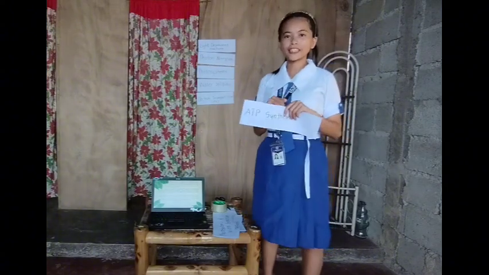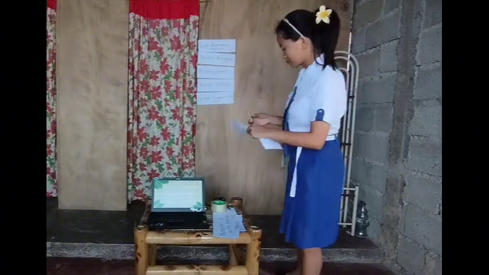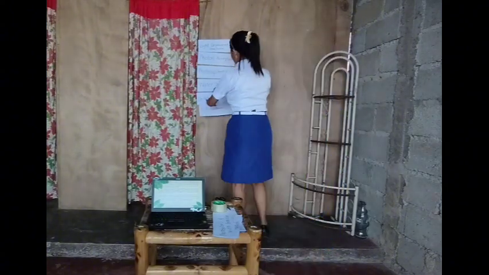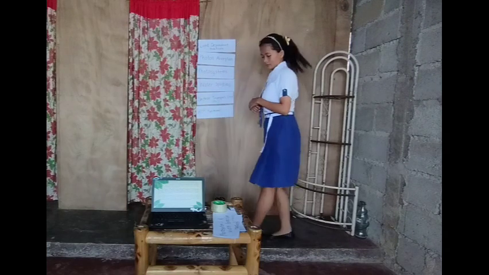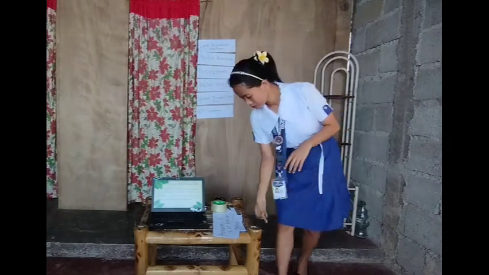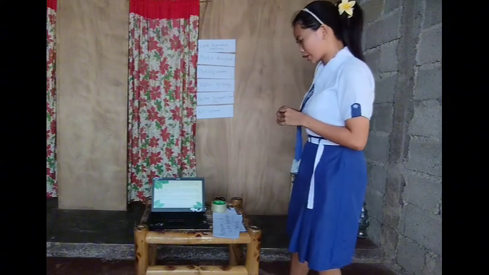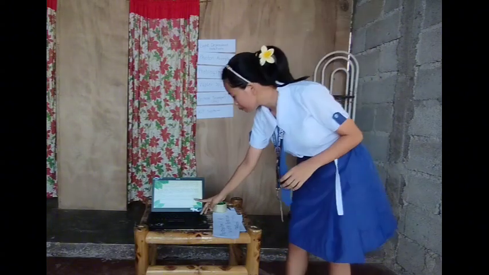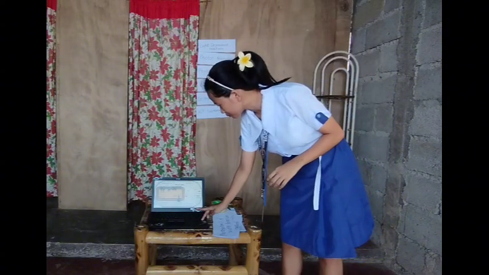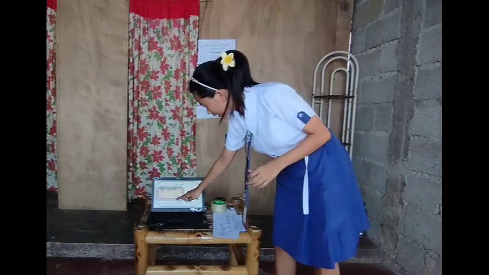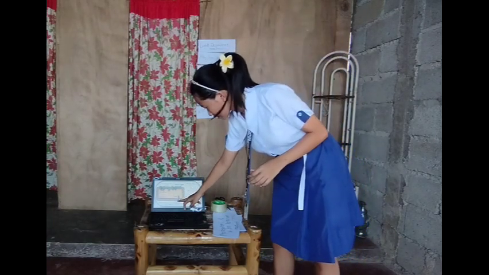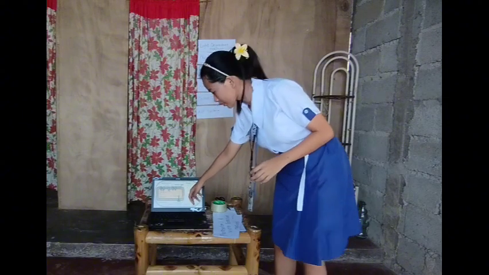So, please read, Miss Aceron. Right. The ATP is released here. It is synthesized in the thylakoid membrane.